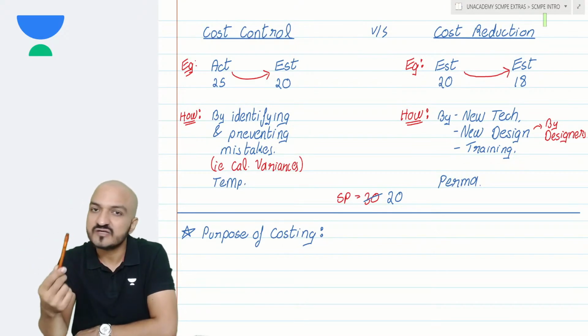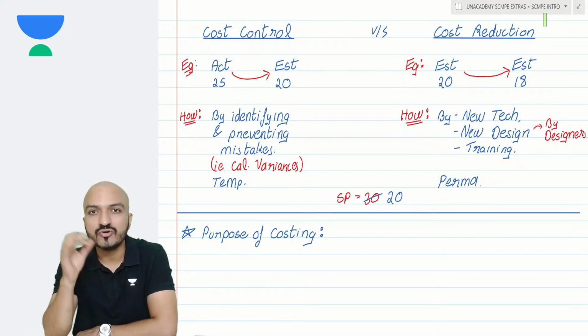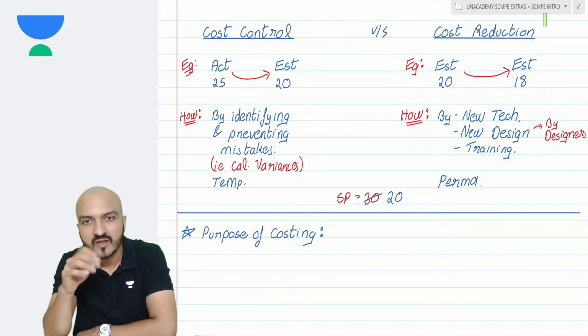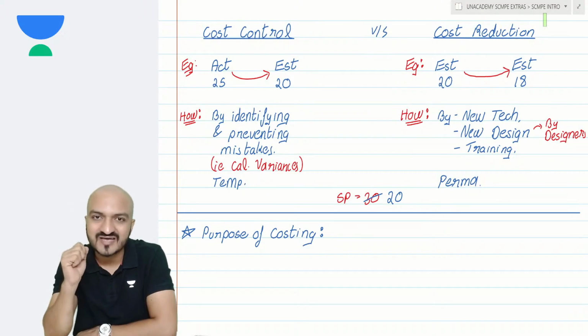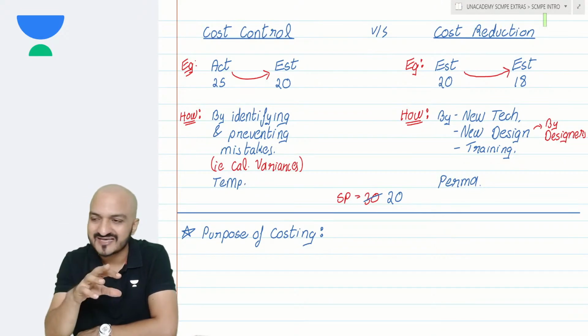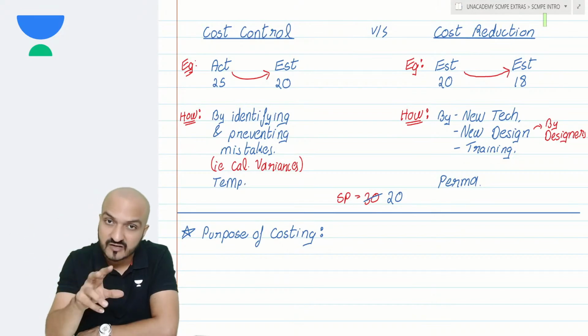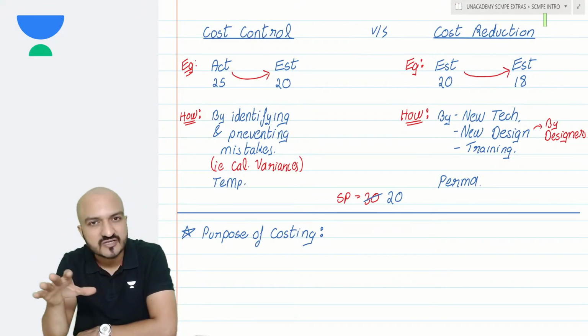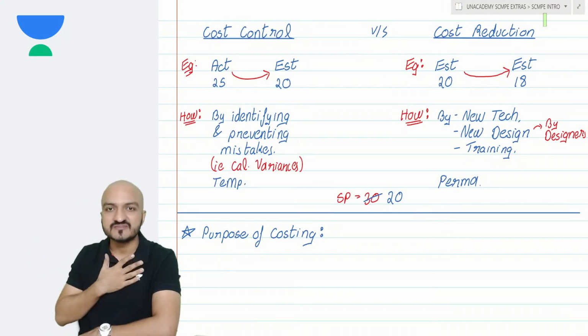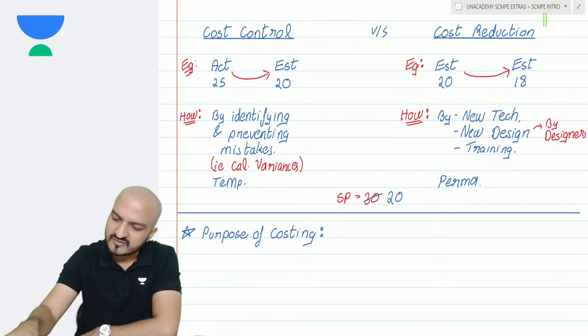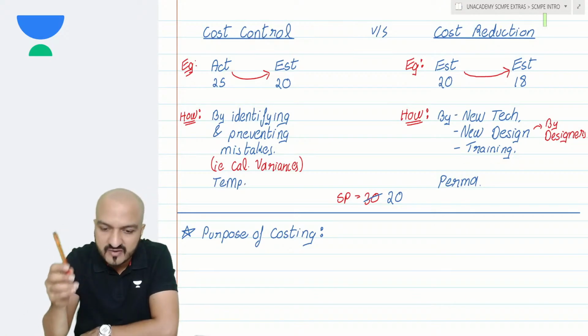So who has the understanding of the cost? Chartered accountant has the understanding of cost. As a chartered accountant, you understand which item of cost is big, which item of cost is significant, which item of cost is not significant. So accordingly, you suggest the designer. It is me who suggests the designer that you think of a new design in which material is saved.